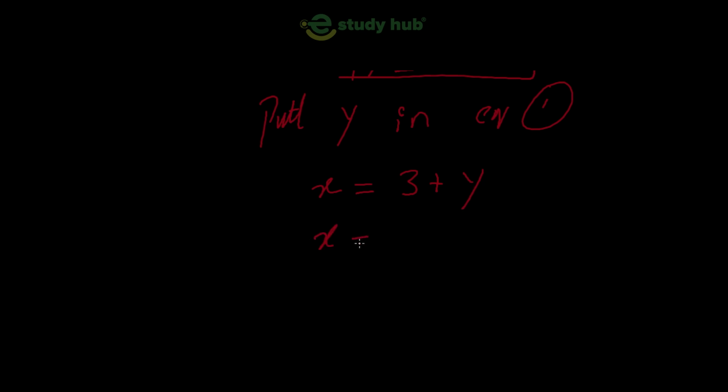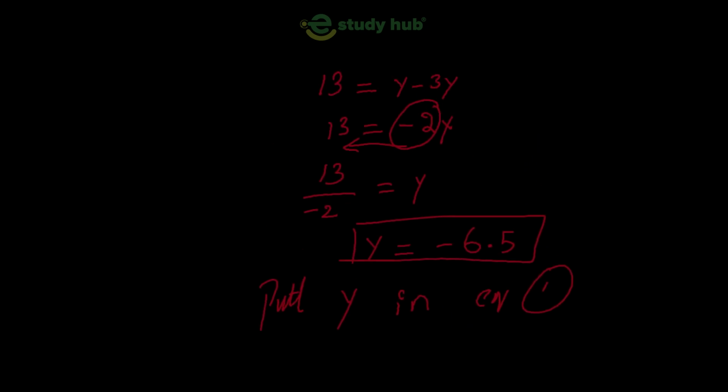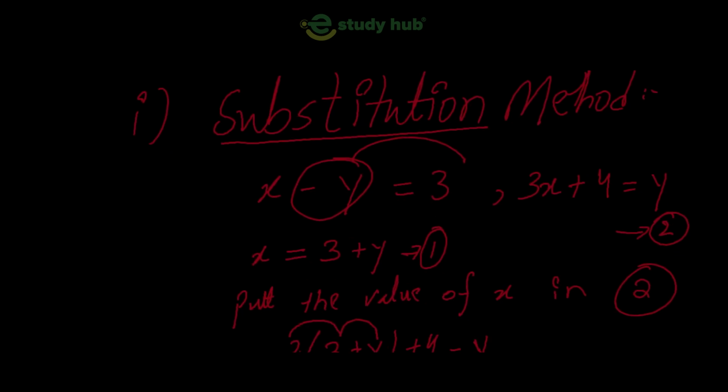We know y here is negative 6.5. So x equals 3 take away 6.5, which equals negative 3.5. Okay, so you can see that we have got the answers for x and y. These are the two unknown variables we needed to find. This is basically the substitution method.